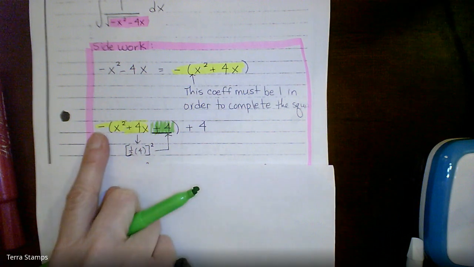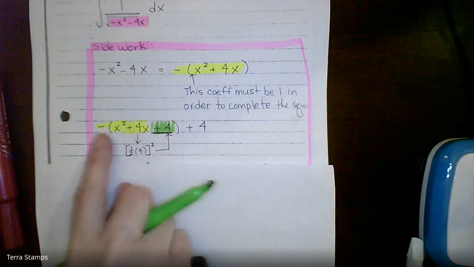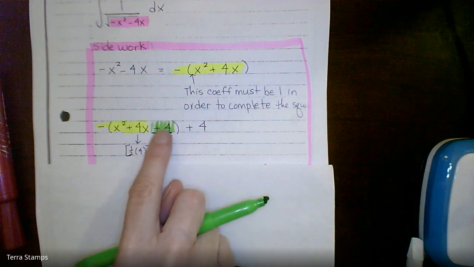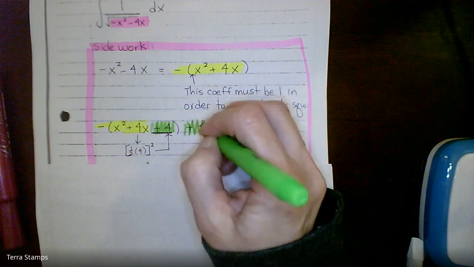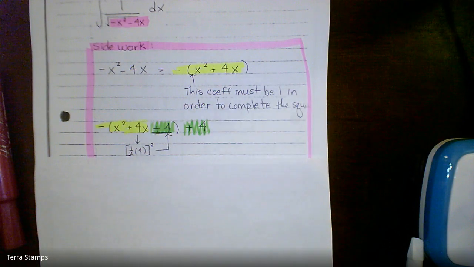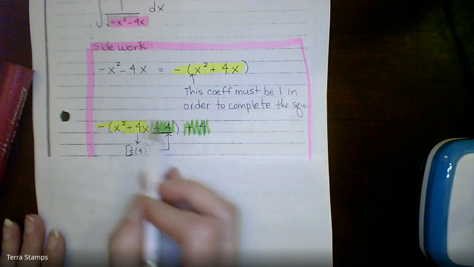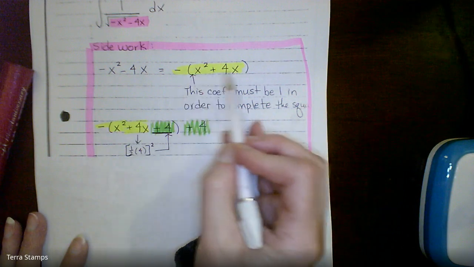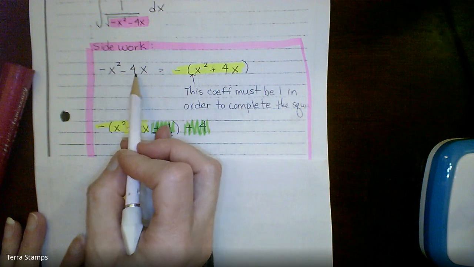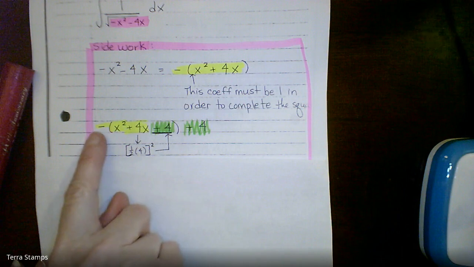However, that minus on the outside of these parentheses means that I really just added a -4. So to offset a -4, I need that +4. So what this means is if I were to take that negative and redistribute it and then combine my like terms, I would end up with exactly the same expression that I started with. So this is really tricky because of that negative on the outside.